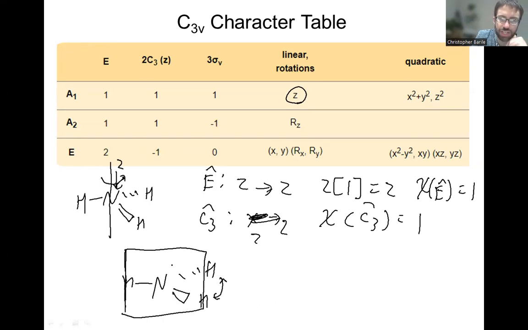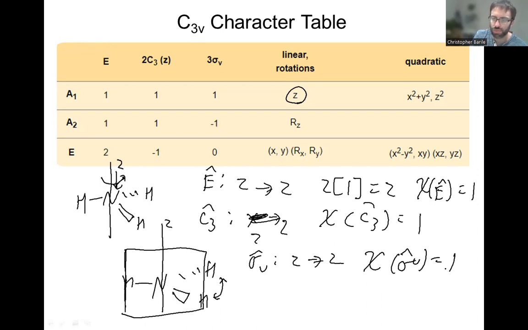It's not going to change this nitrogen. But we have this Z vector here, and that Z vector is not going to change. It's in the plane of the mirror, so it doesn't change. So again, for the sigma V operation, and you could test this with any of the different mirror planes, they're all going to have the Z vector in that plane. So Z is just going to go to Z, and the character of sigma V is going to be equal to 1.